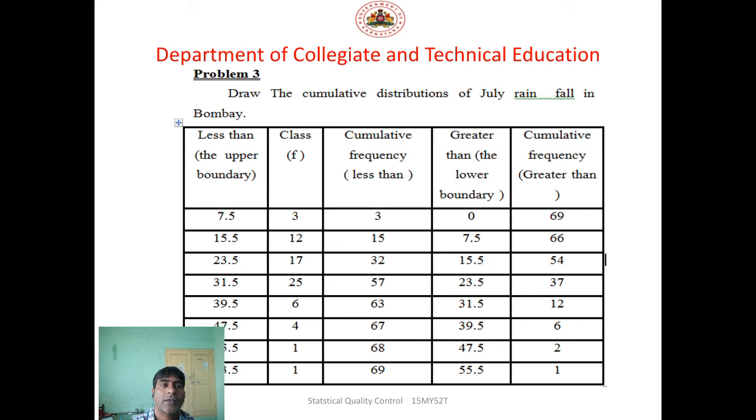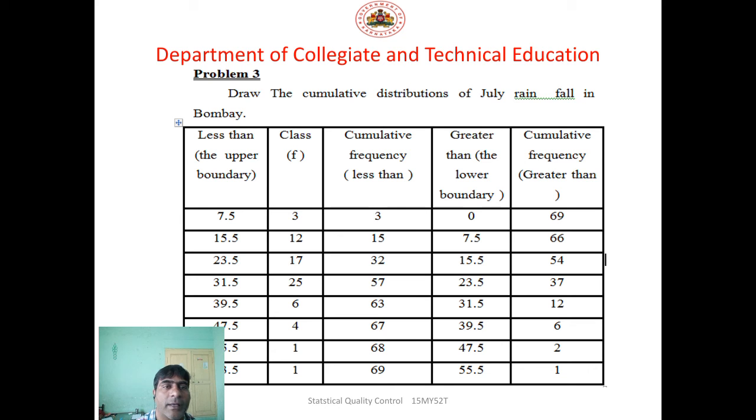Next, this 3 and the next class interval, 12. The cumulative will be 15. I am adding 3 and 12, that is 15. Next I am adding this 15 and the next class frequency 17, so we will get 32.